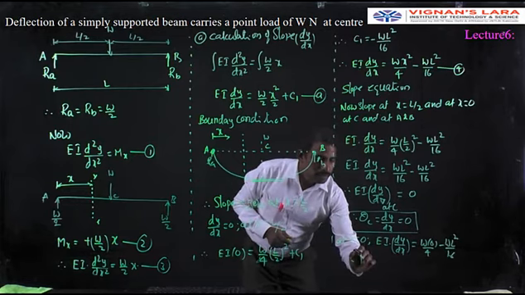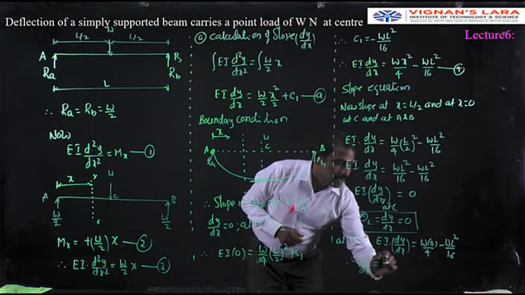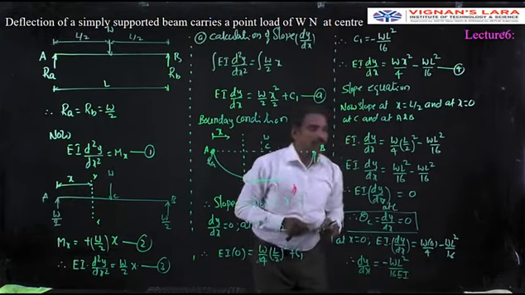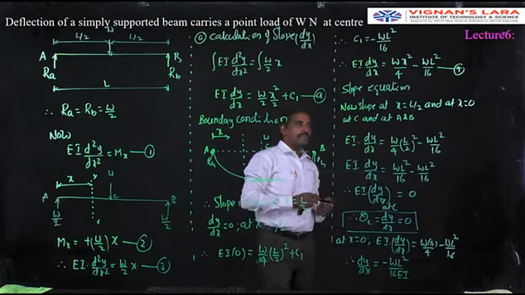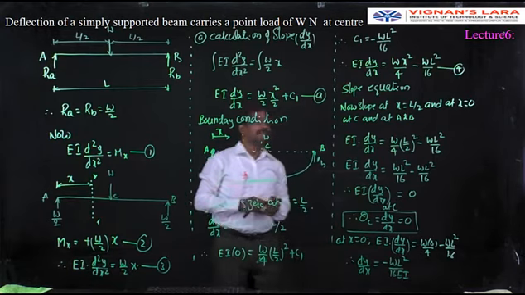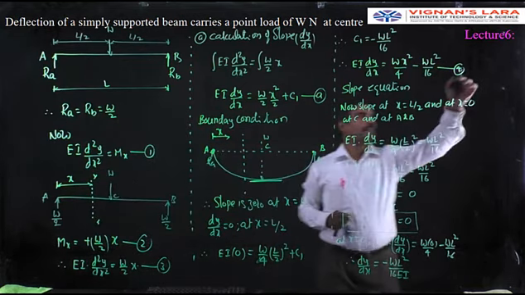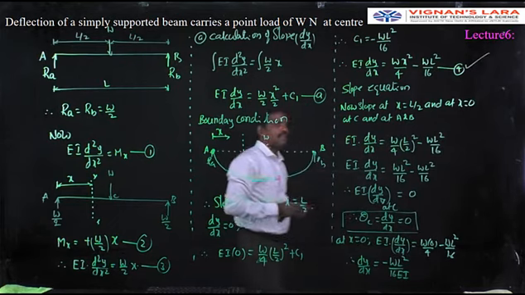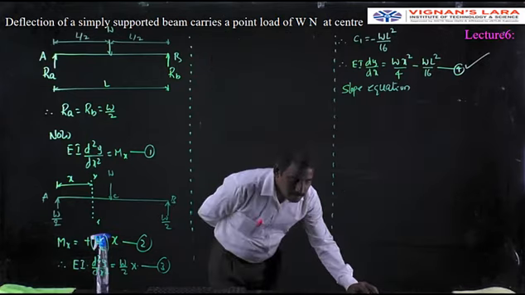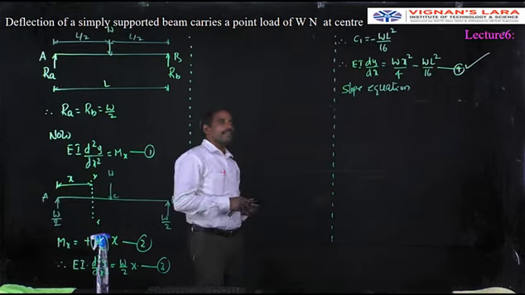Therefore dy by dx from the above equation is minus WL square by 16 EI. We calculated the slope at A and B. So now let us concentrate on equation number 4, we know the equation for slope.